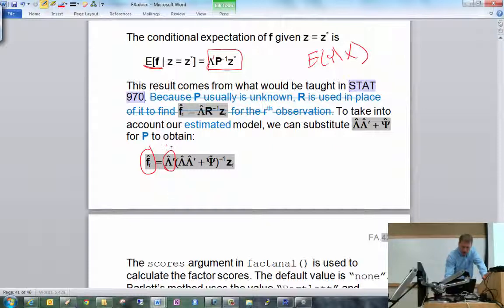Actually, that should be a prime up there. I put an estimate for gamma in there. Here's my Z, essentially. And then, because my factor analysis model has a particular representation for P, I can put in its corresponding estimate that we saw before when we were dealing with residuals. And that will be my factor score using this particular method.